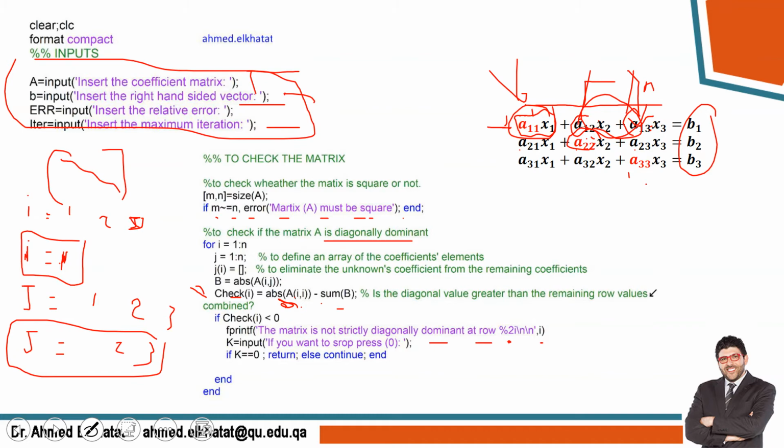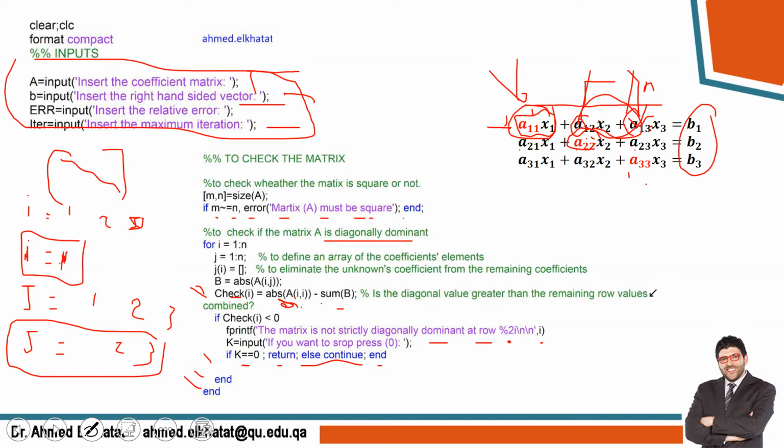So here I put k equal input with one message: if you want to stop, please press 0, and I put a condition. If k equals 0, then return, to start again, else continue until the end. We have end for the if and end for the for.